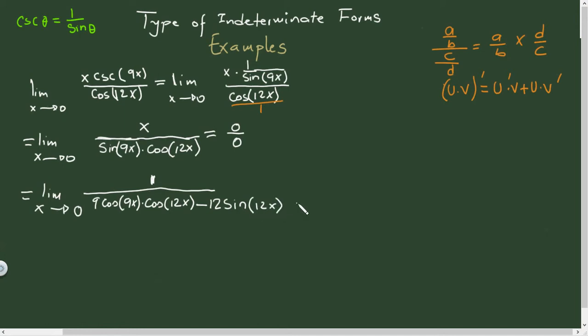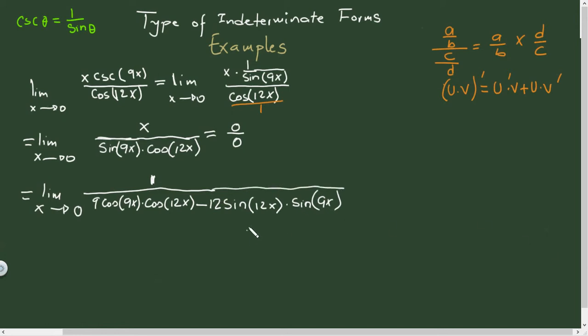So the derivative of the sine gives us 9 cosine 9x times cosine 12x minus 12 sine 12x, and times u, sine of 9x. Okay, it's a lot.